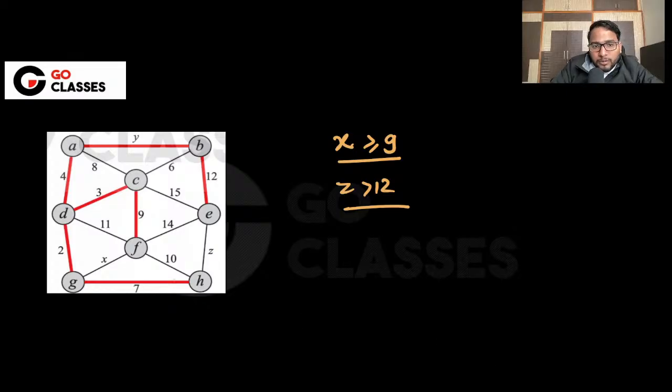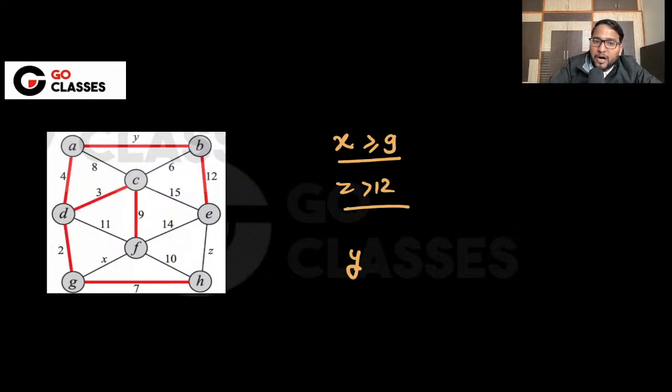Now, what about this X? X is done. What about Y? For this Y, if this is an MST edge, then you will keep on bringing the non-MST edges. So see here that 8 is forming a cycle, exactly one cycle, not with Y. 6 will form exactly one cycle, and it is forming a cycle with Y. So it means Y must be greater than or equal to 6 or less than or equal to 6?